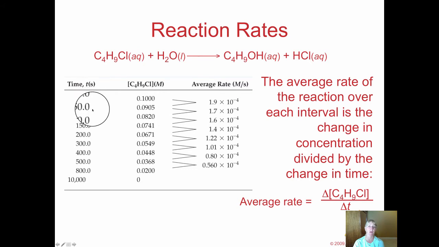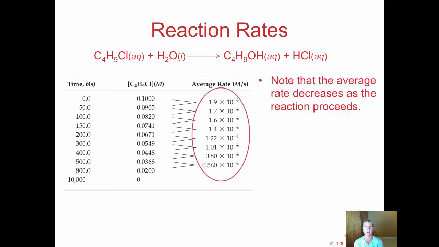You started at 0, you ended at 50. So the average rate is calculated by taking the change in concentration of that reactant over the change in time from one step to another. Now you can do that for each one of those steps. And if you look closely, as the reaction progresses, it seems to be slowing down. The rate is getting less and less.